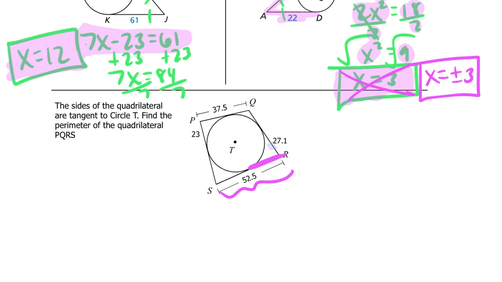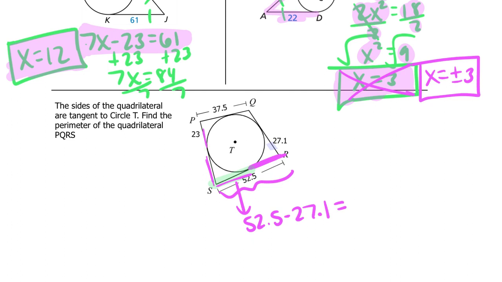So this part right here would be 52.5 minus 27.1 for the green part. Okay, sorry, I don't have a calculator right here. Whatever that is, this green part right here. And then this part's also the same.